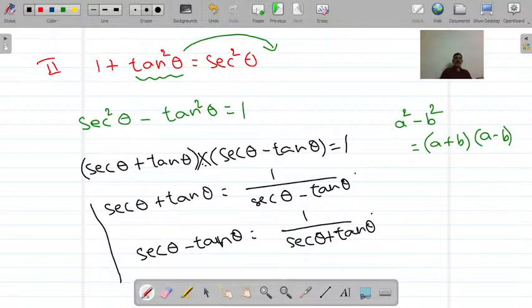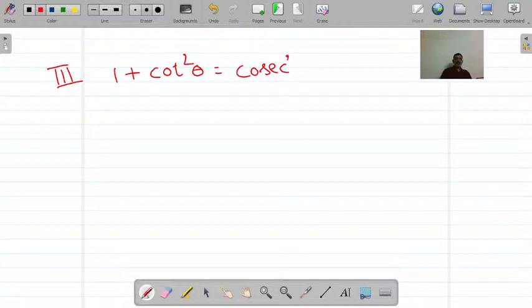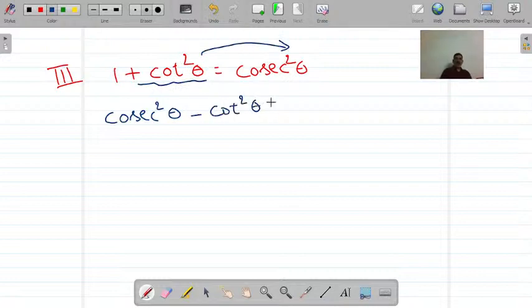What is the third result? We know that it is 1 plus cot square theta is equal to cosecant square theta. Of course, we know this result. In the same manner, you get cosecant square theta minus cot square theta. If you take it to the other side, it becomes cosecant square theta minus cot square theta is equal to 1.